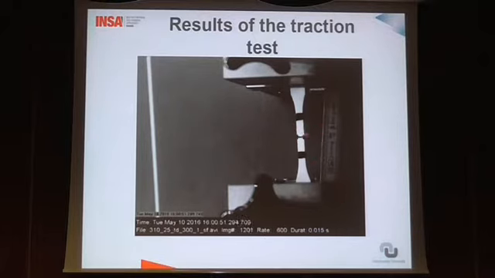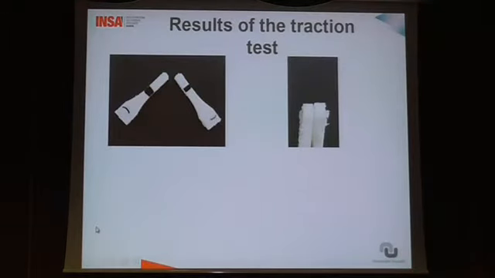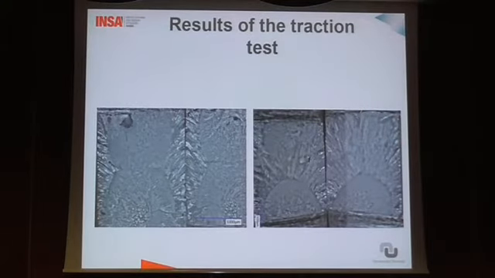We can see the fracture is like a brittle fracture. Regarding the results, for all the specimens, we can see the fracture is in the effective area. If we put both parts together, we can see 2 regimes of fracture.